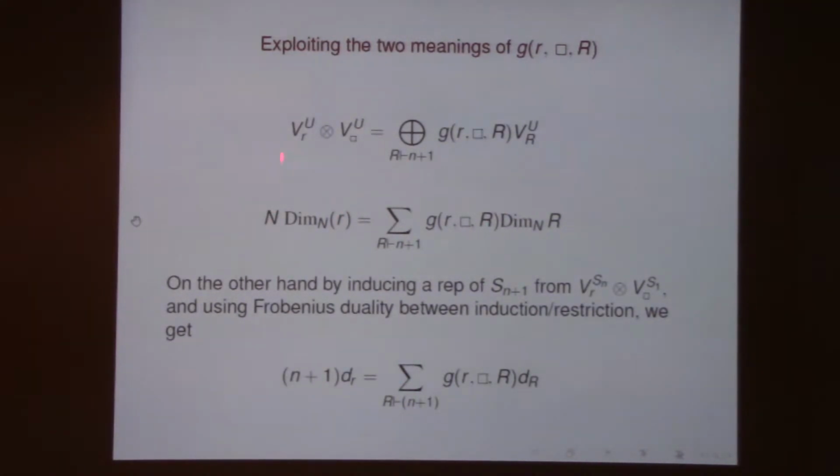That means the dimension of the UN representation R, times N, the dimension of the fundamental, is equal to the sum over representations with n plus 1 boxes of the Littlewood-Richardson coefficient times the dimension. So that's one identity.